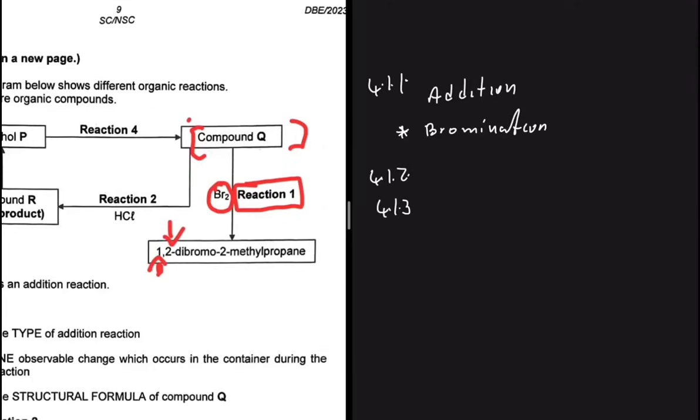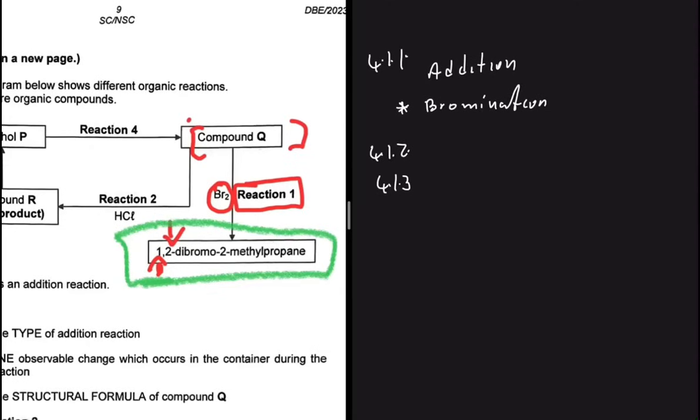If we're adding them there and they stay in that location, it means that there was a double bond there. So we just draw the structural formula of this structure, but instead of putting bromo on the first and second carbon, we're going to put a double bond, because that is compound Q before we add Br2.